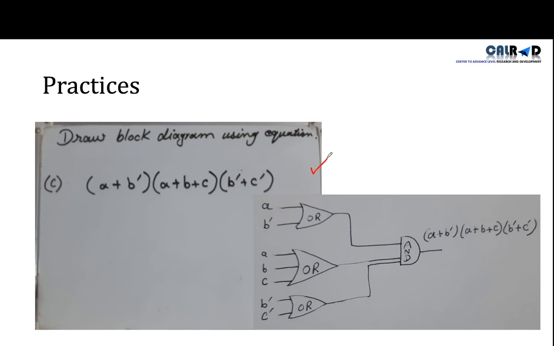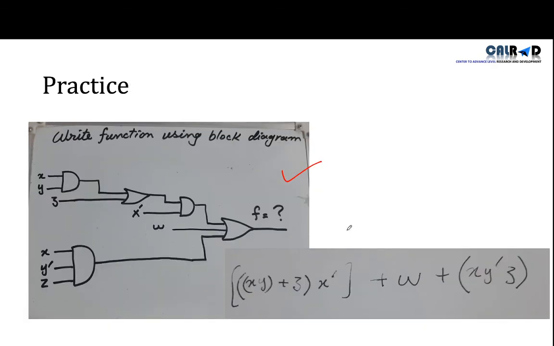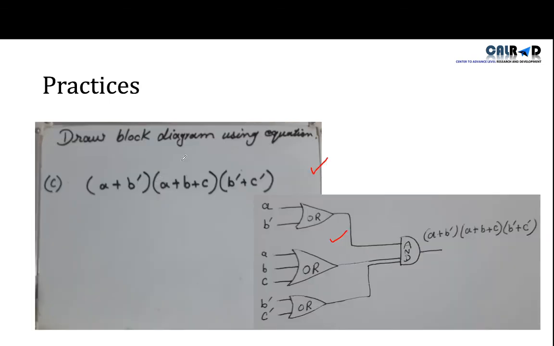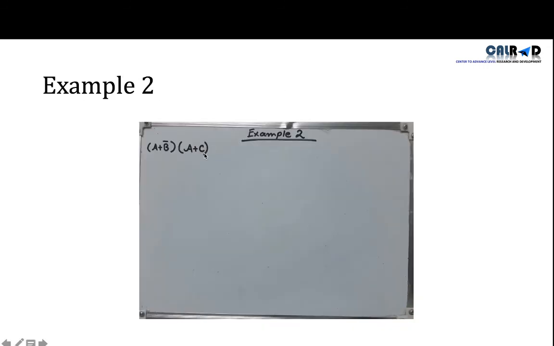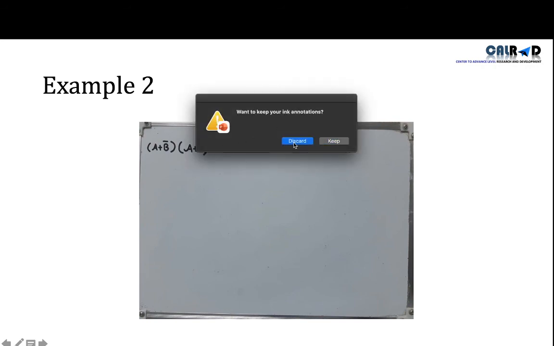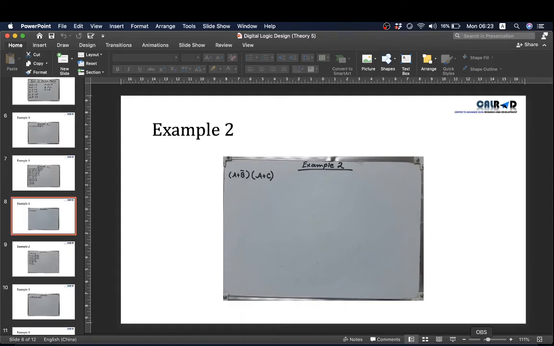In your midterm exam I will give you the same type of equations or block diagrams. There will be changes in the gates or in the equations, but the laws will be the same. So you can do more and more practice on this. And if you still have questions related to today's lecture, you can contact me directly. Thank you.